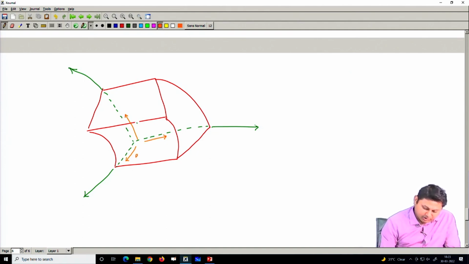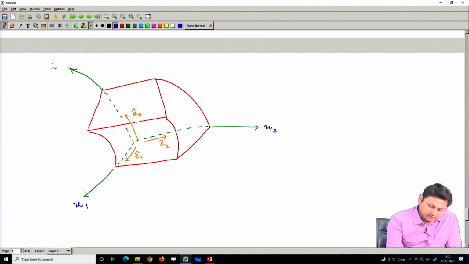Suppose this is my E1, this is, say, E2, and this is, say, E3. So, these are the unit vectors that are distributed along these coordinates, and this is my U1, the coordinate-wise, this is U1 and this is U2 and this is U3.